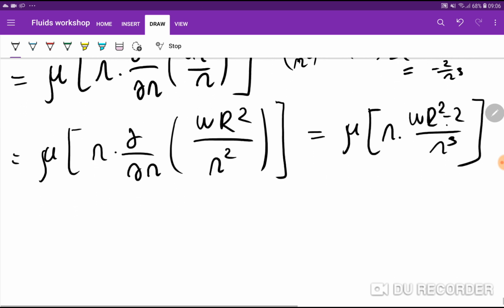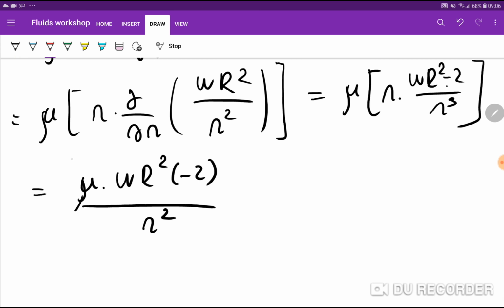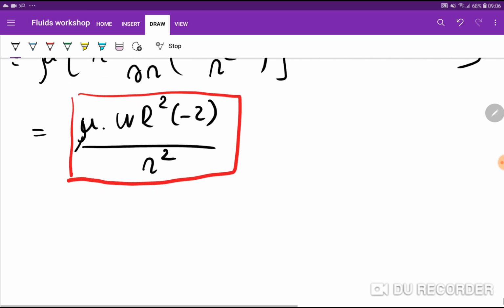Okay, and you do some simplification, it is equal to mu times omega r squared times negative 2 over r squared. So this is our stress component. However, it is very important to take the absolute value to get the value.